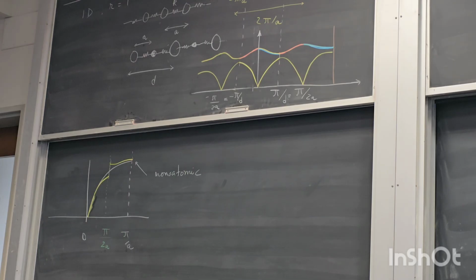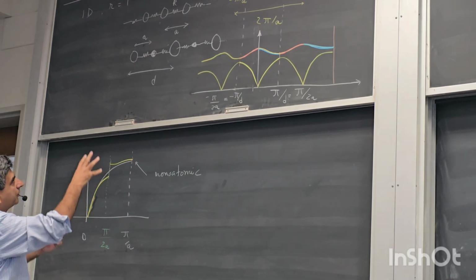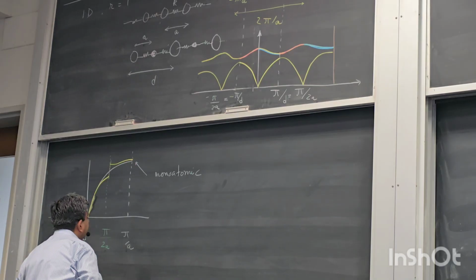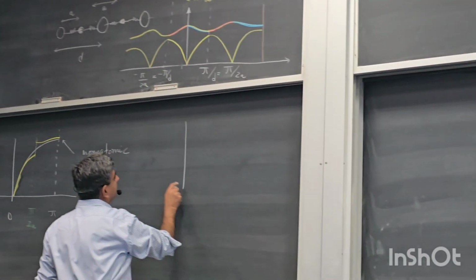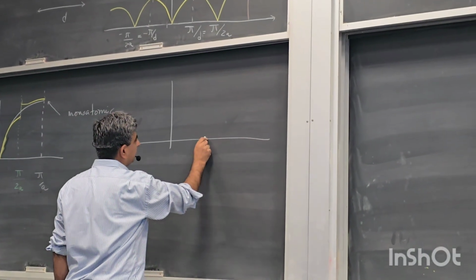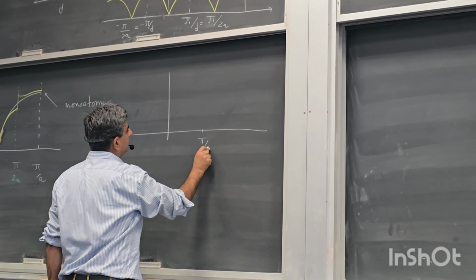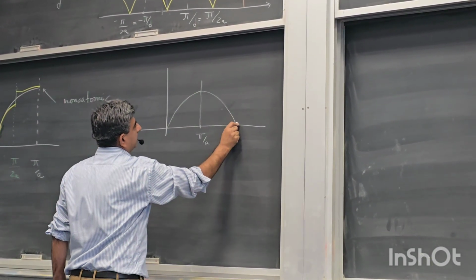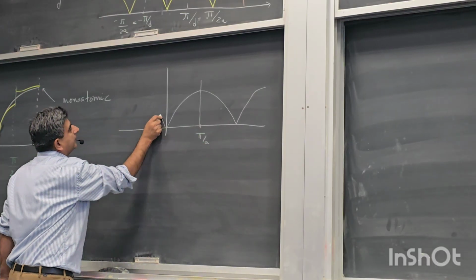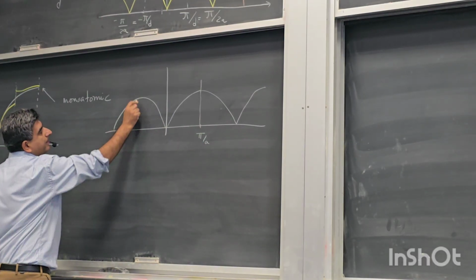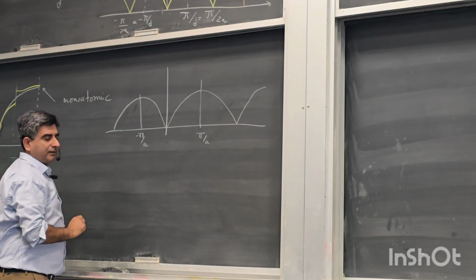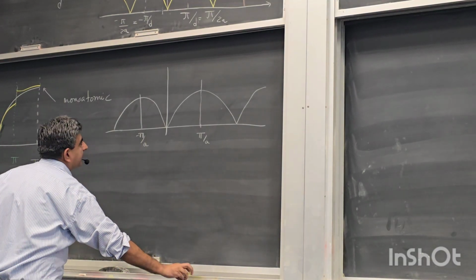Let me now draw the two graphs to the same scale. So this is my monoatomic case, this is pi over A. It goes like this. This is minus pi over A. Now let's draw the diatomic case.